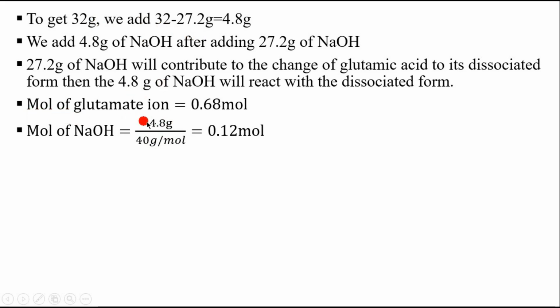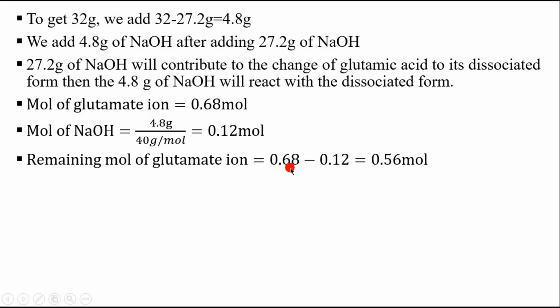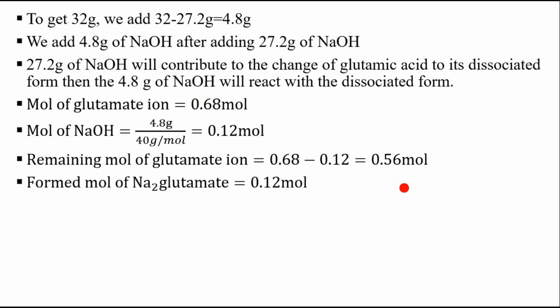Then, reacting the extra sodium hydroxide with the glutamate ion, we remain with 0.56 mole of glutamate ion. Then we form sodium glutamate, the sodium salt, because the glutamate reacts with sodium. In this case, we have disodium glutamate.